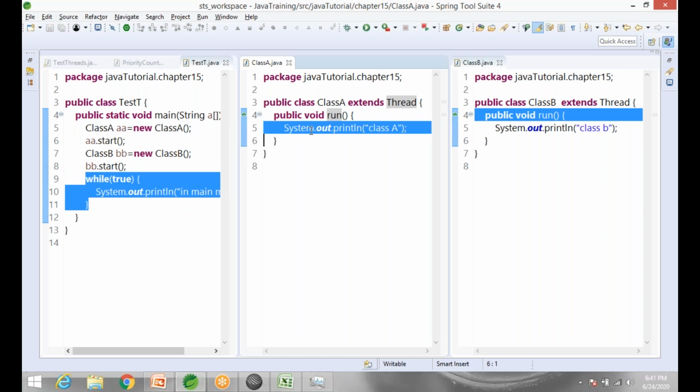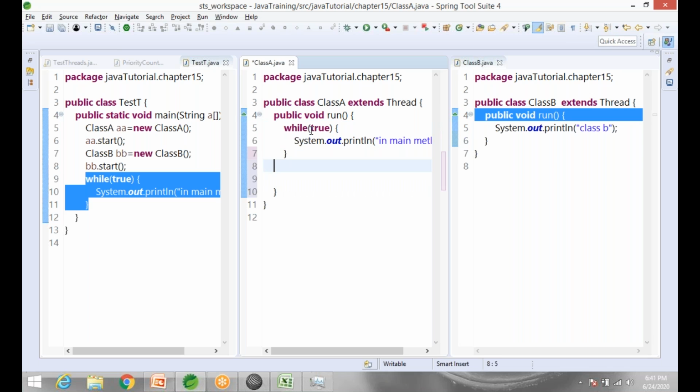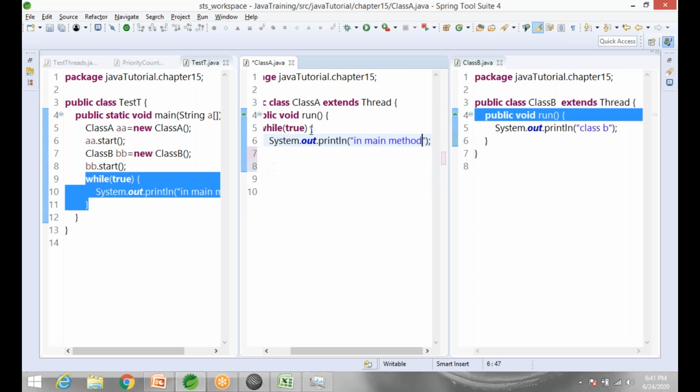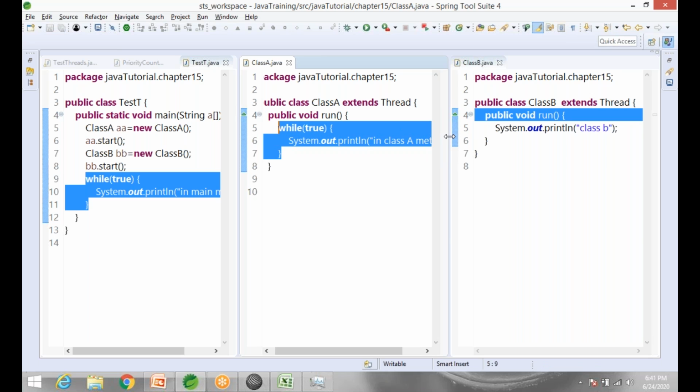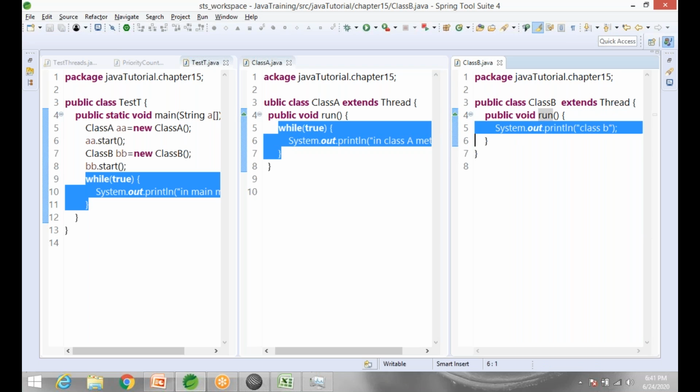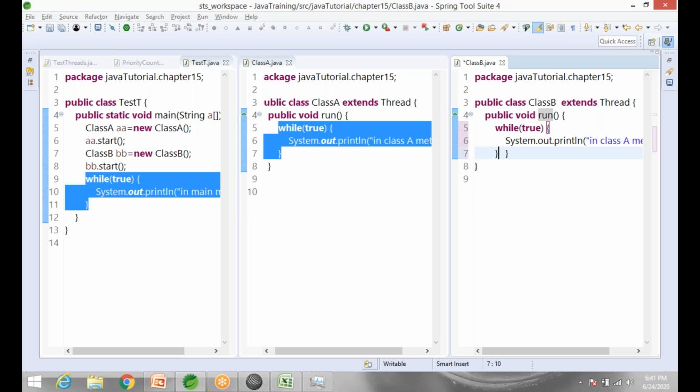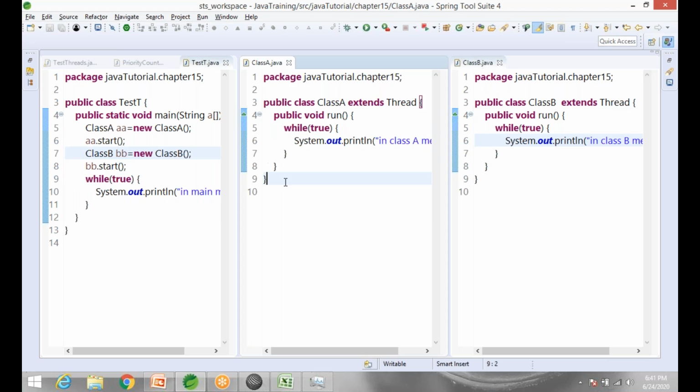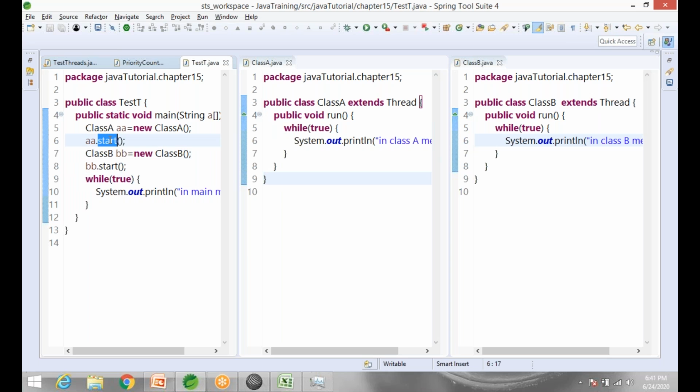I'm going to endlessly print in class A method, and here I'm going to print in class B method. I can just write this.